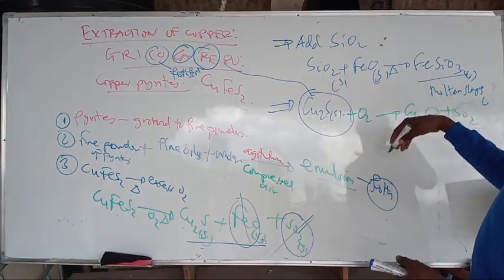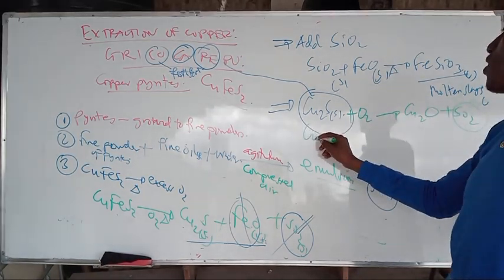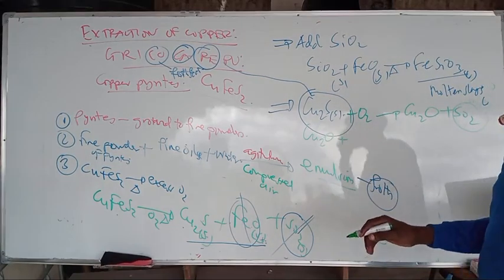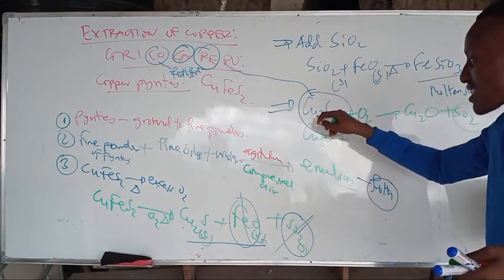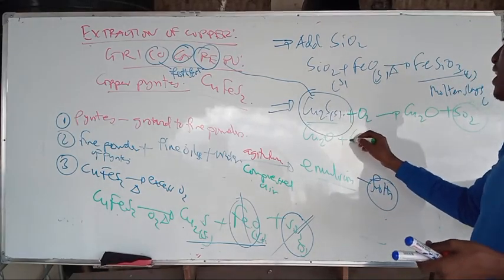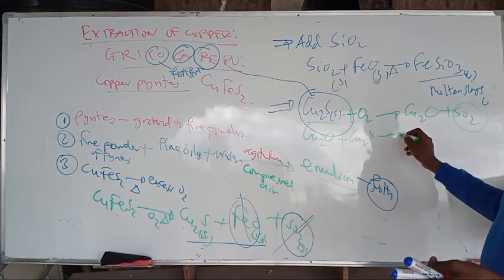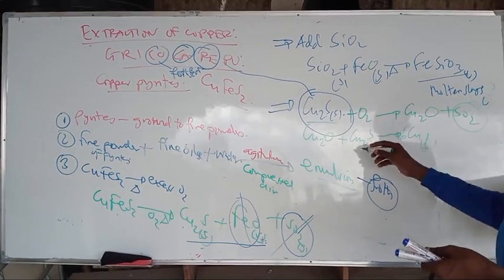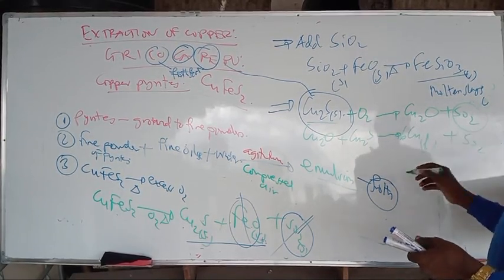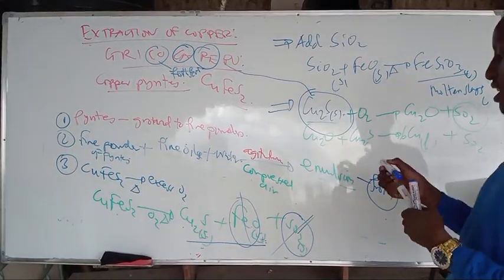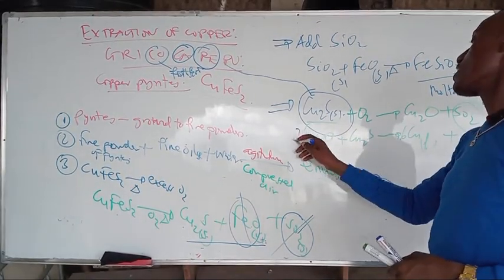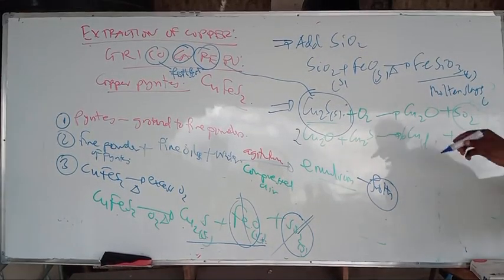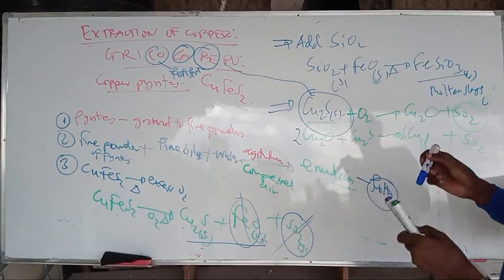The sulfur dioxide is removed as a gas, while the copper(I) oxide formed is reacted with the remaining copper(I) sulfide to form copper, as a liquid, and more sulfur dioxide, which is removed. Here you can balance it by 2 to get the 6. That's how we do it.